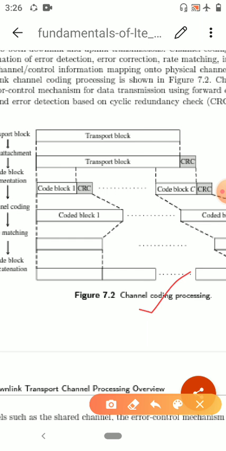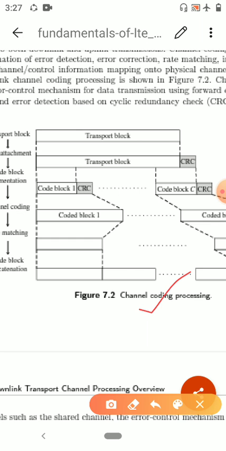Channel coding provides an error control mechanism for data transmission using forward error correction code, that is FEC code, and error detection based on cyclic redundancy check, that is CRC.